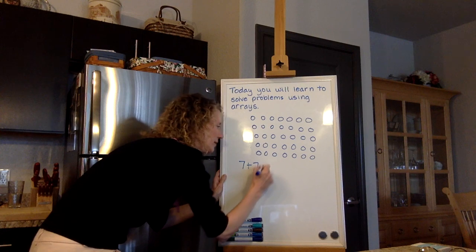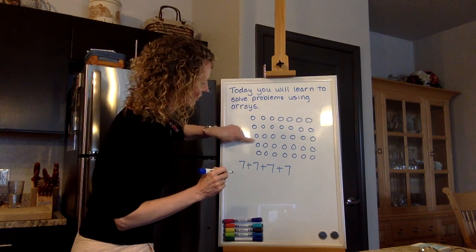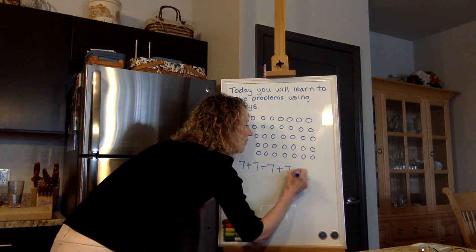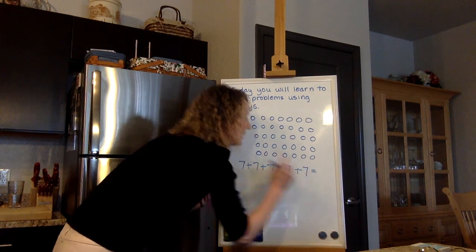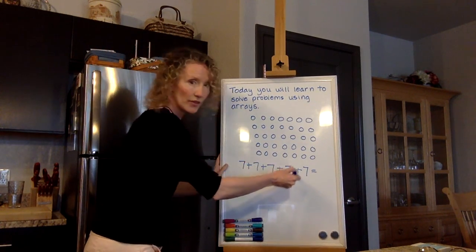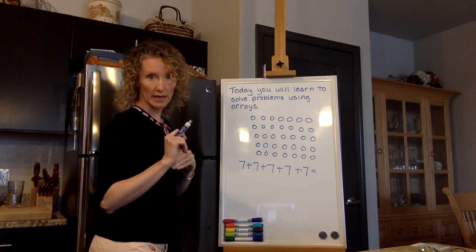So I've got 7 kids on each team. 7 plus 7 plus 7 plus 7 plus 7. And I have 1, 2, 3, 4, 5 teams. And I bet you're thinking this. 7 plus 7 is 14. Another 7 plus 7 is 14. 14 plus 14, 28.